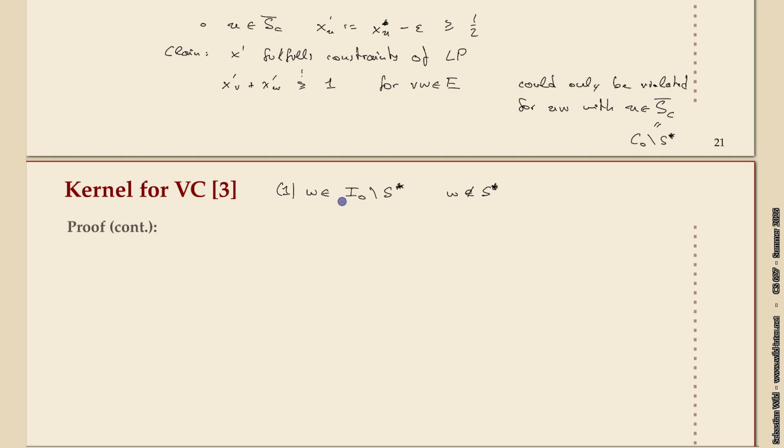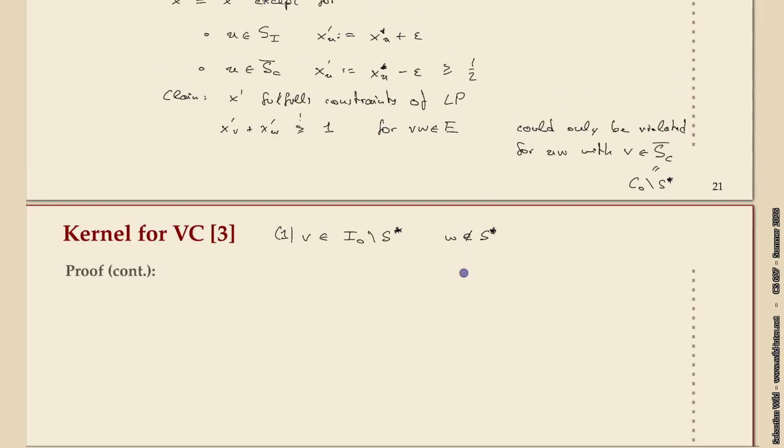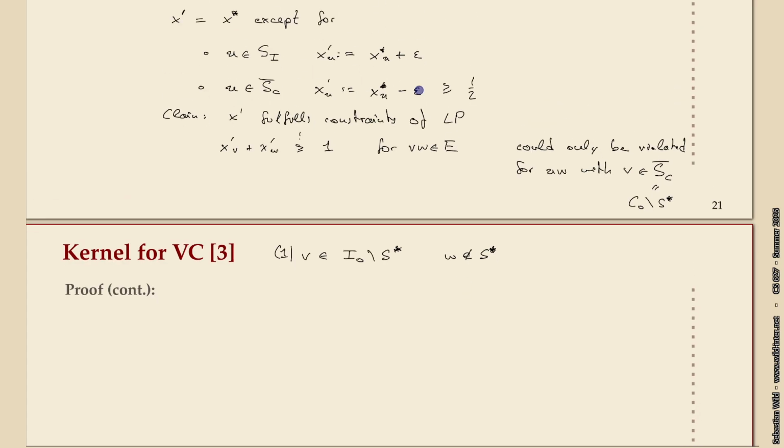All right, so sorry, I think this is V. I've changed names here. So let's say the vertex that we look at is V. That's the one you could only violate this constraint for an edge where one endpoint is among those where we subtract something from XV. That must be in SC bar. And so we distinguish cases where this vertex could be.